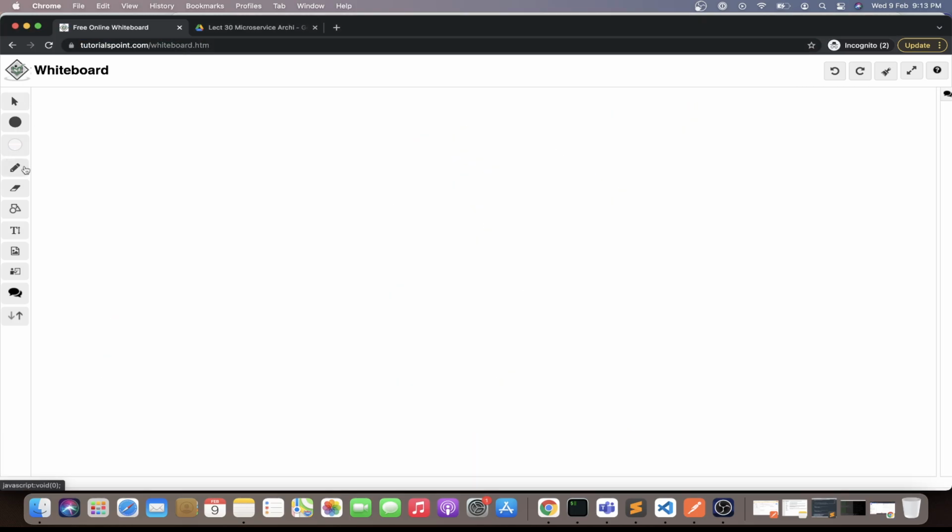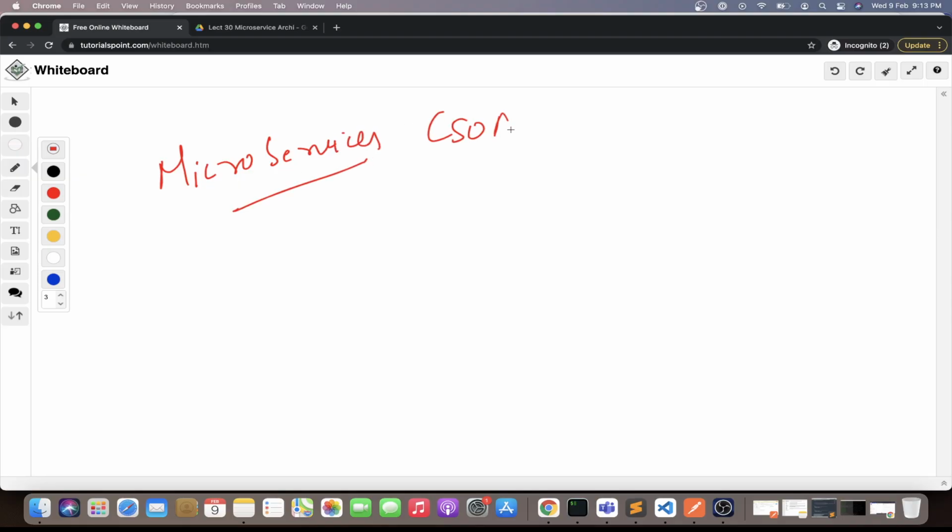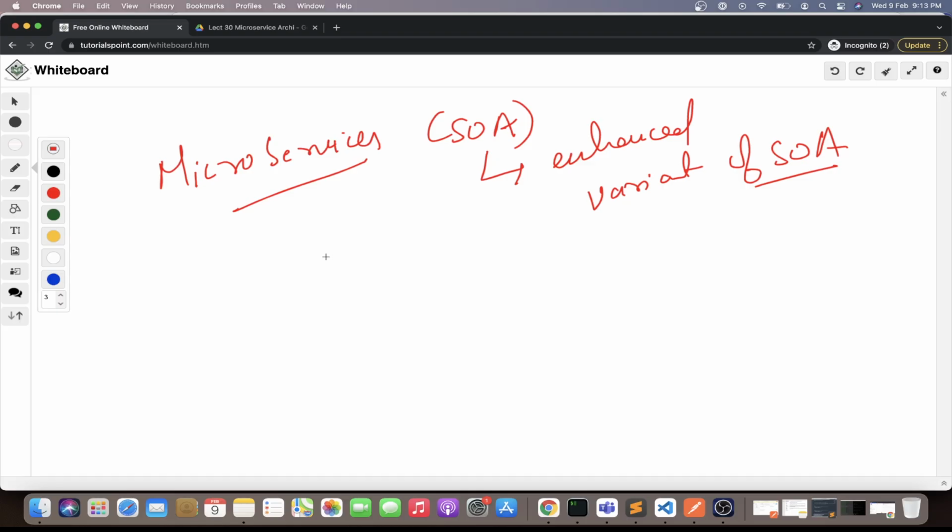So next thing that we are going to discuss is microservices. It's a very small topic that you need to know. So what is a microservice? We studied about SOAs. So basically it's a more enhanced variant of SOA. Cool.